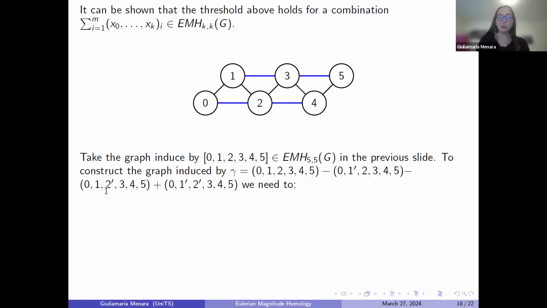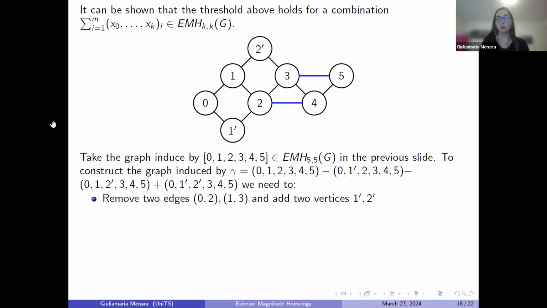So the first thing we need to do is make this 1 prime and 2 prime appear and actually matter. So what we need to do is remove these two edges, 0, 2, and 1, 3, and build squares with the 1 prime and 2 prime. So we're going to have these structures here appear.